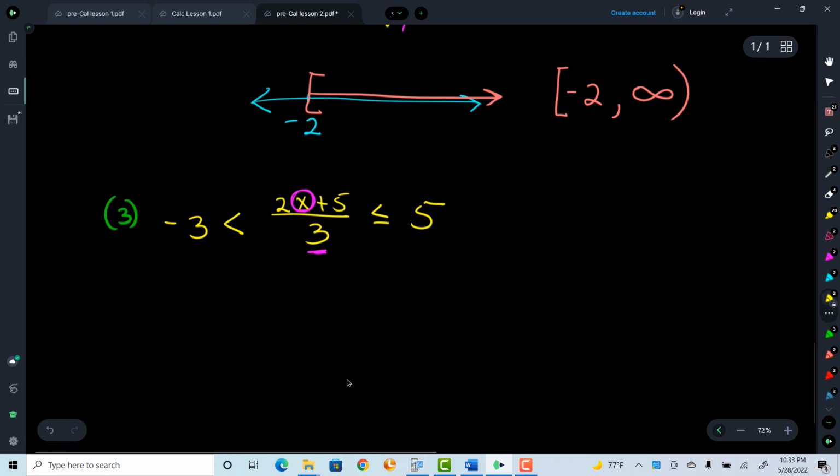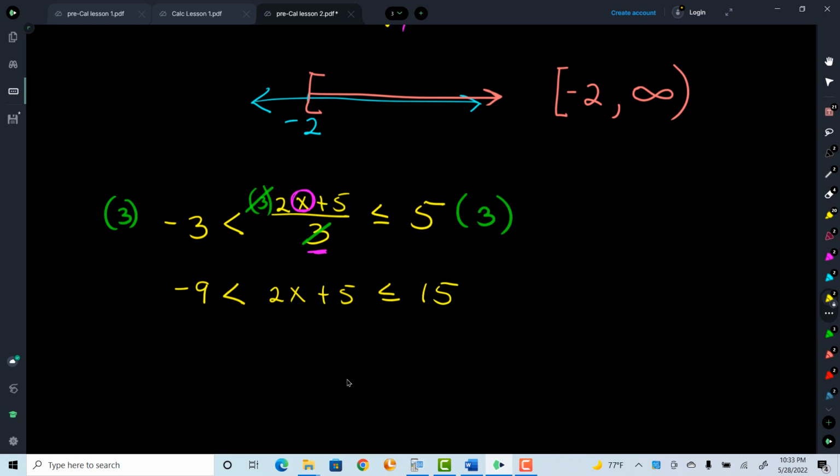So this becomes -9 less than. Now what happens when I multiply by 3 inside here? These 3's are going to cancel. So we have 2x plus 5 less than or equal to. I multiply the 5 by 3 also, so that becomes 15.